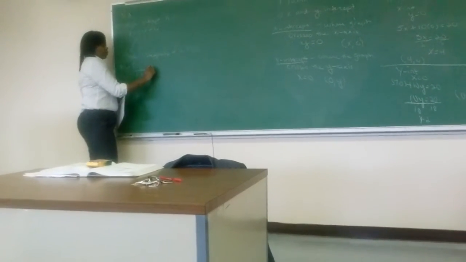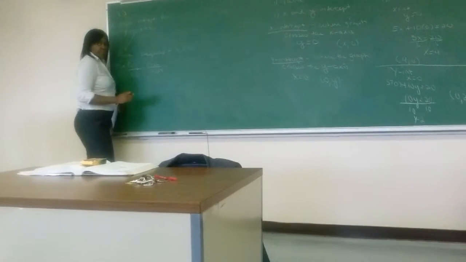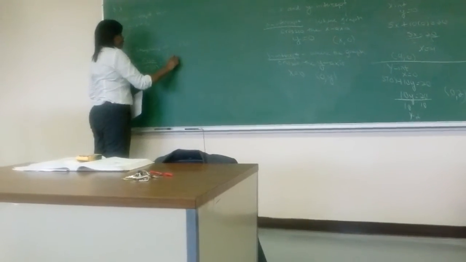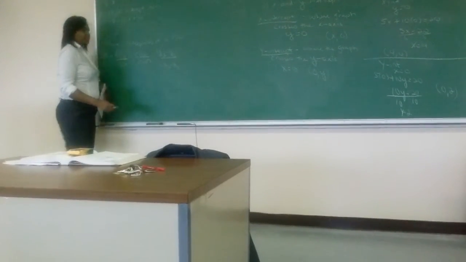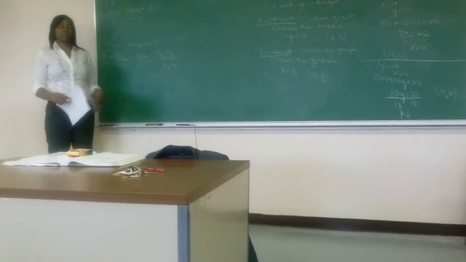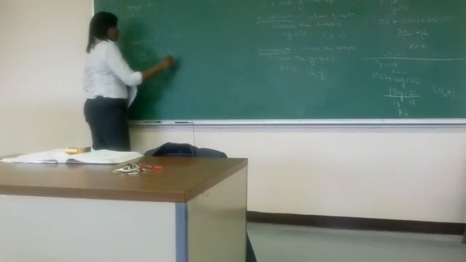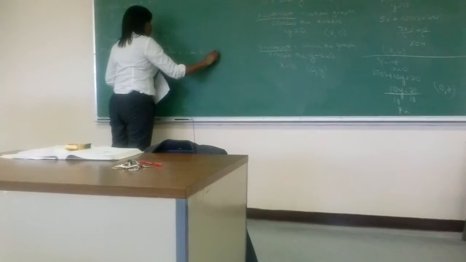It is rise over run. It is y sub 2 minus y sub 1 over x sub 2 minus x sub 1, and that's the formula. It is the rate of change.